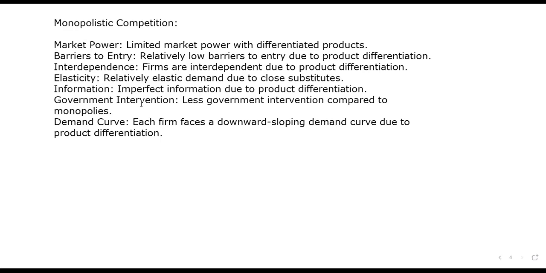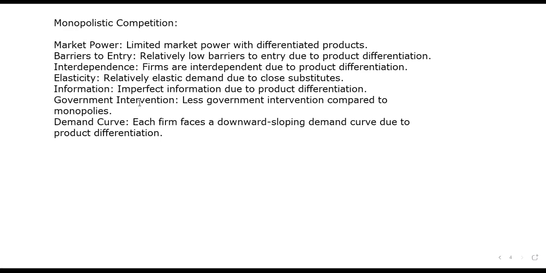The firms are interdependent due to product differentiation. The capacity is relatively in between due to close substitutes. There's imperfect information due to product differentiation.